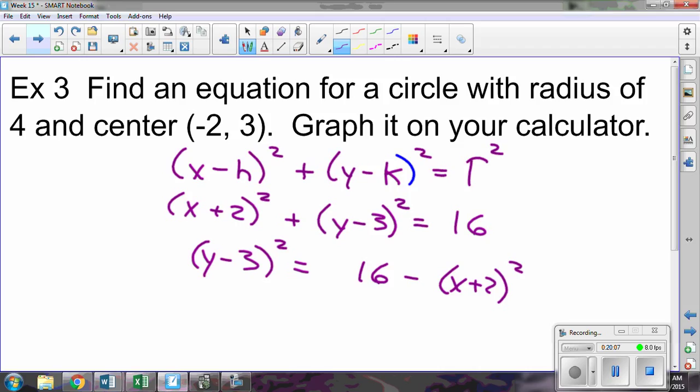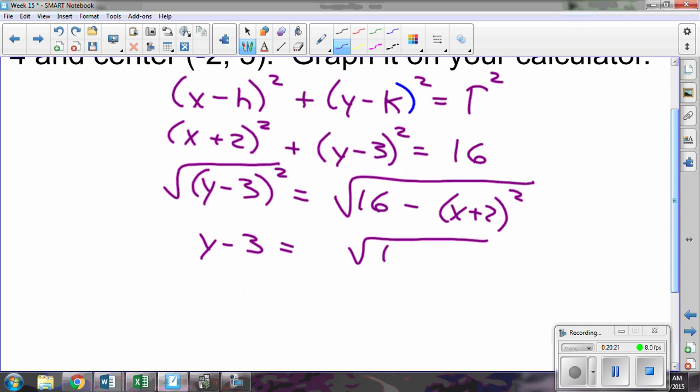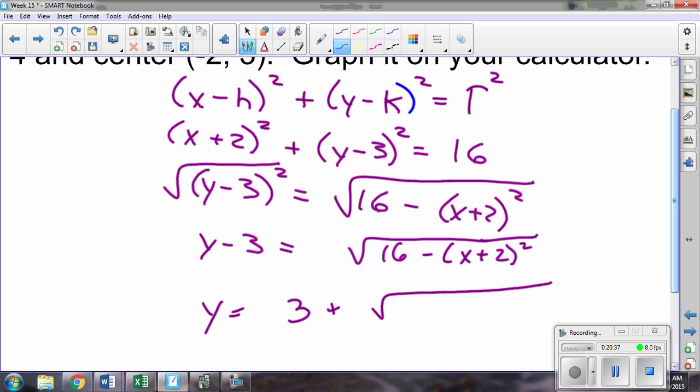From there, we could take the square root, which would leave us with y minus 3 equals square root of 16 minus x plus 2 squared. Of course, we need to add 3 then, so we would have y is equal to 3 plus this square root. And we now have something we can enter into the calculator.